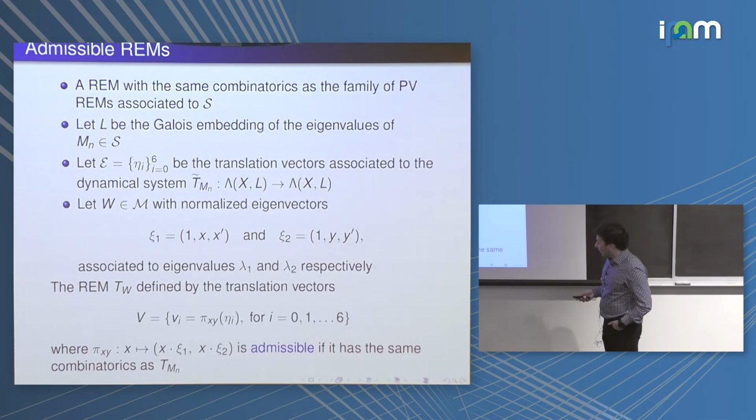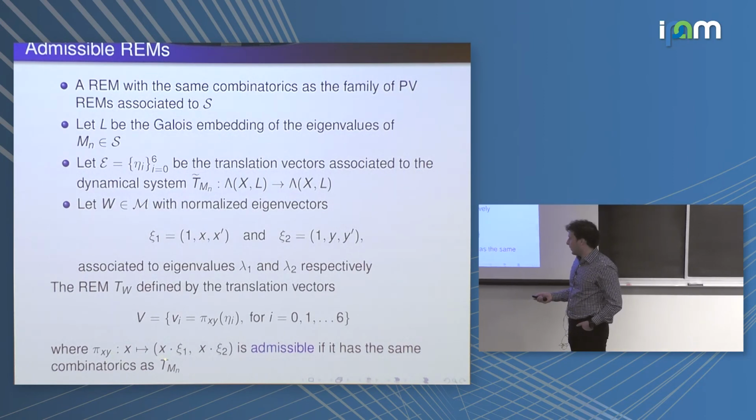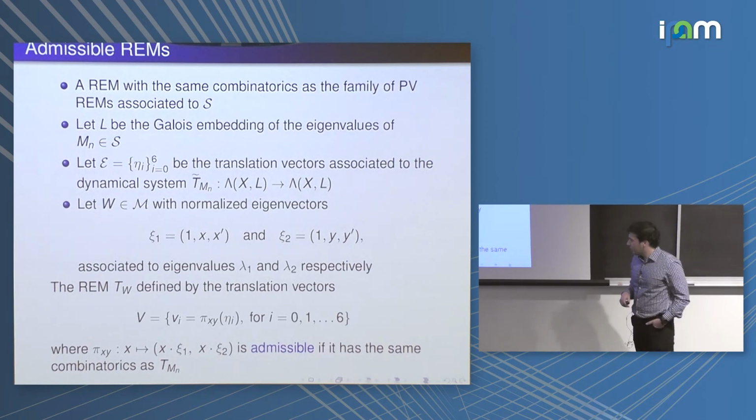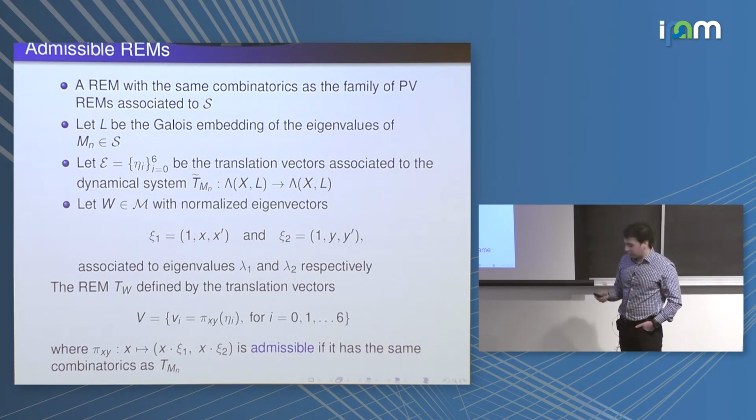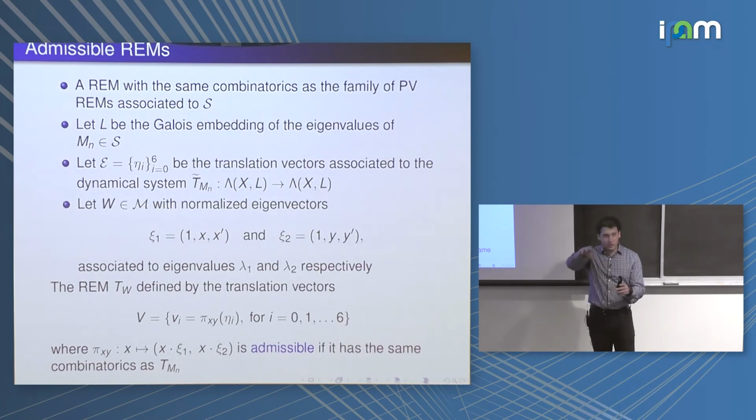And now I use this projection pi xy, which maps a point x to (x dot xc1, x dot xc2), to define these translation vectors vi, which are going to be the translation vectors for my new rectangle exchange map. Okay, and then I build it as before, where I just take my domain and shift it around by all of these vectors.